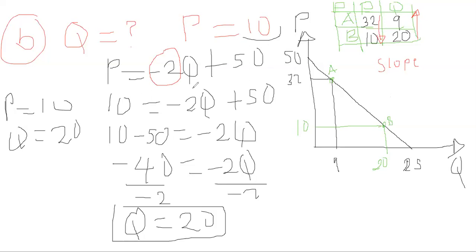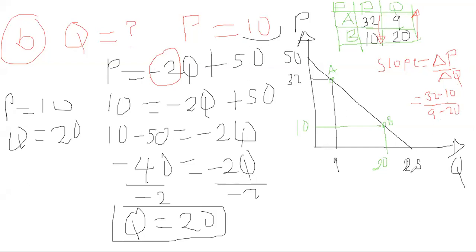Okay, so this slope, we can even calculate it. Slope is the same as change in price over change in quantity. So this -2, I'm trying to tell how it came about. Change in price is what? That is 32 minus 10, not so, all over 9 minus 20.